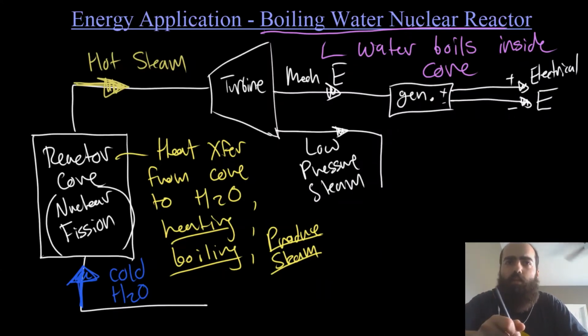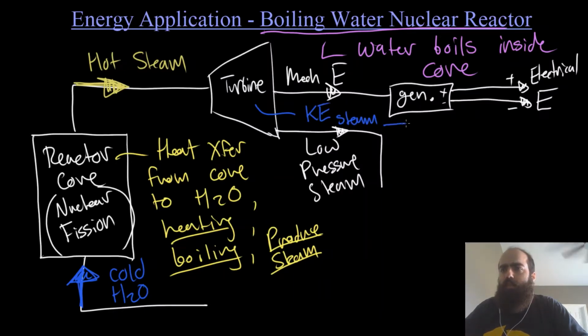Oh yeah, and by the way, just so we're clear, inside of the turbine, what's happening is that you're converting the kinetic energy of the steam into the mechanical energy of the turbine blades. Just like with the wind turbine or with the hydroelectric power plant, you have some fluid that's turning your turbine.